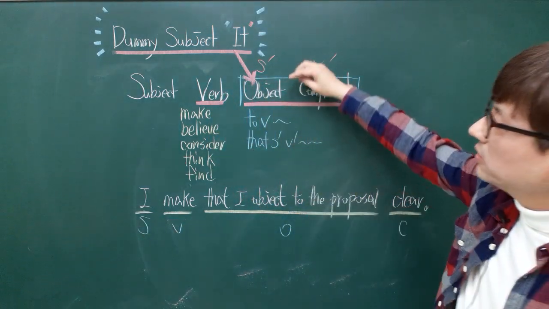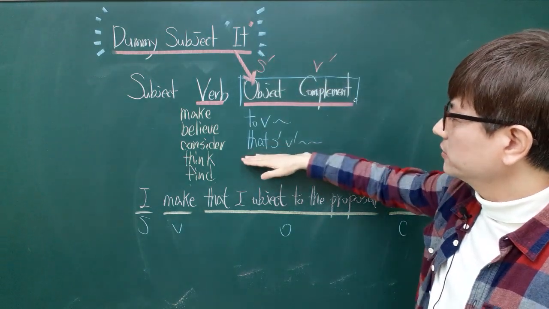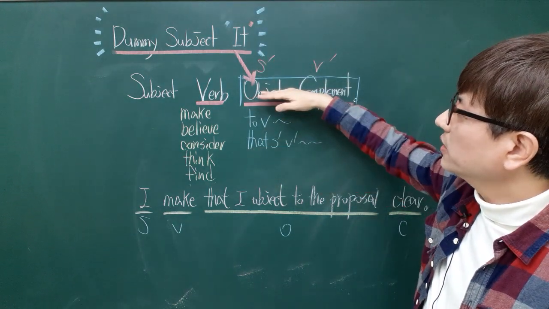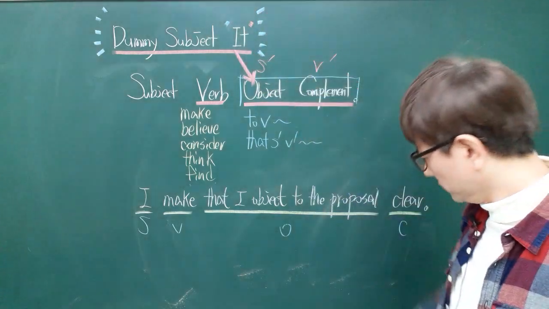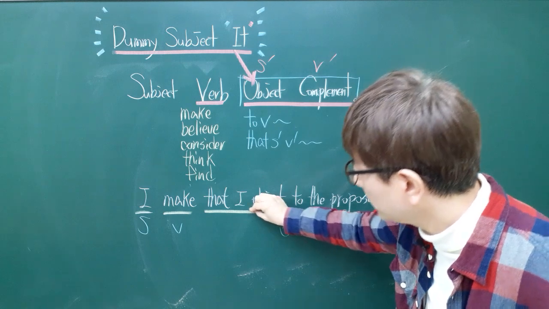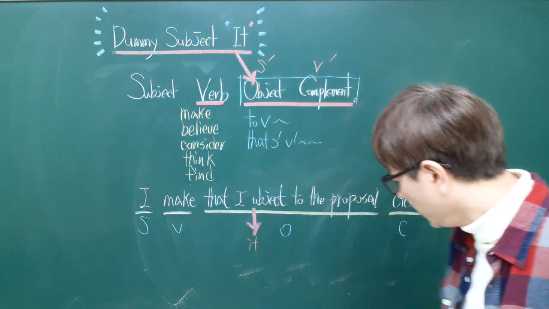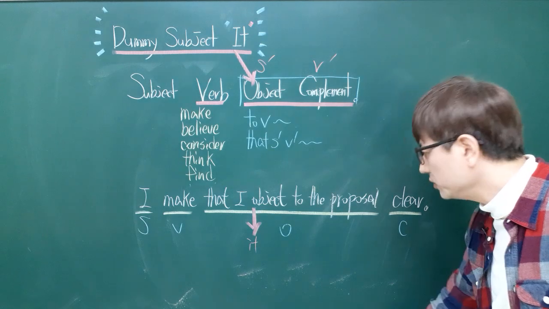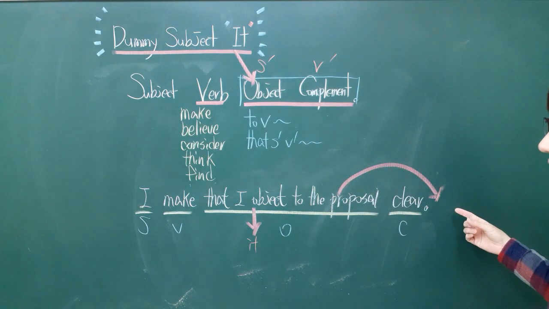As I said earlier, when you have conjunction that as object, then we have to replace it with dummy subject it, and we have to send the real object to the end of the sentence.